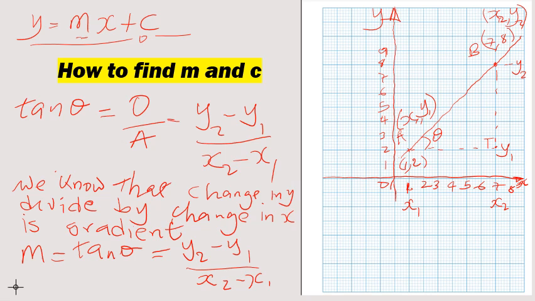Then let's see how do we find c. And remember we say c is y-intercept. When we say c is y-intercept, we mean like this. It will cut there. So how do you find y-intercept?